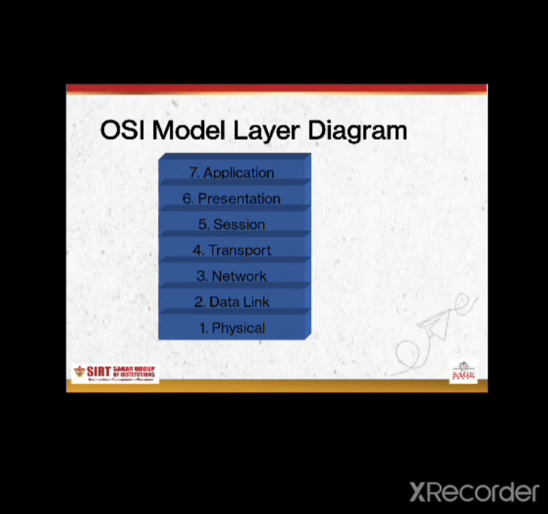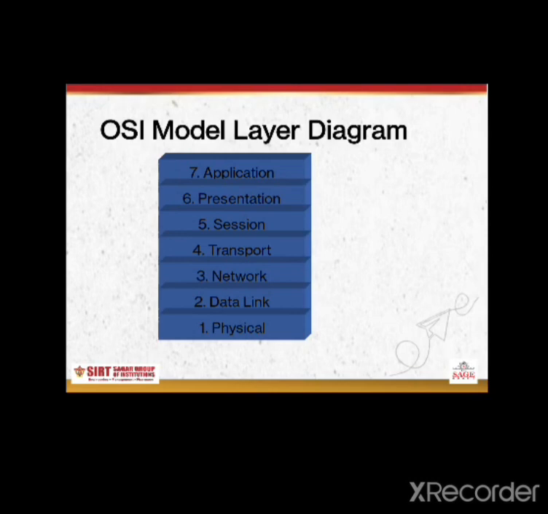If I'm talking about the layered network model, as I told you, there are 7 types of layers. The lower 4 layers are transport, network, data link, and physical layer. These layers provide different types of end-to-end delivery. Each layer communicates with the same layer, in software or hardware. Each layer provides services to the layer above it.